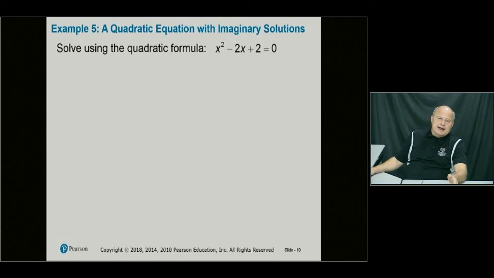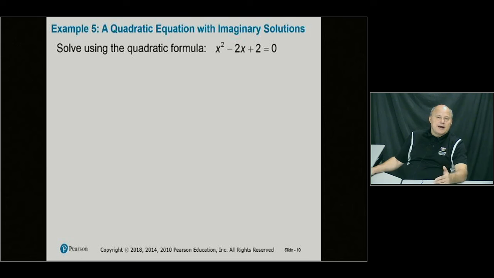It depends on what's being asked. If they tell you to use the quadratic formula and it factors, you have to use it anyway. If they say solve the equation and don't tell you how, it's your choice. But this one doesn't even factor, so you're left with the quadratic formula.